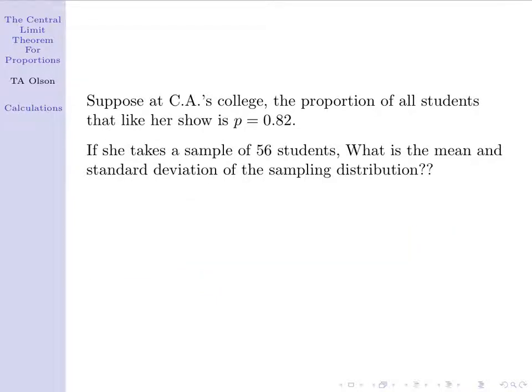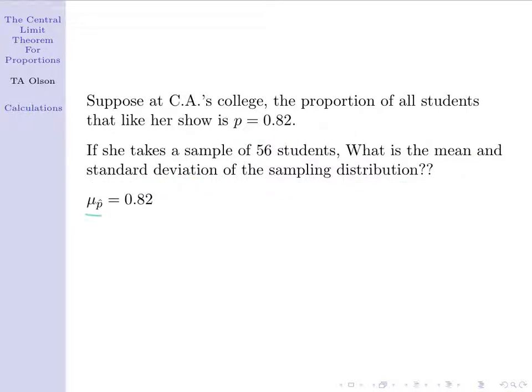The thing we need next is the mean and the standard deviation. The proportion is 0.82. We have a sample size of 56. We know that's big enough. Anything larger is also going to work here. So what's our mean and standard deviation of our sampling distribution, the place where our p-hats are going to come from?